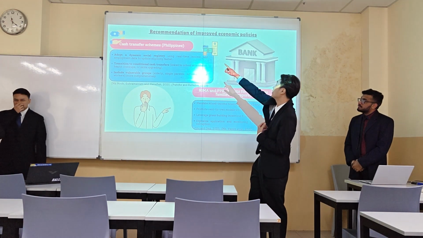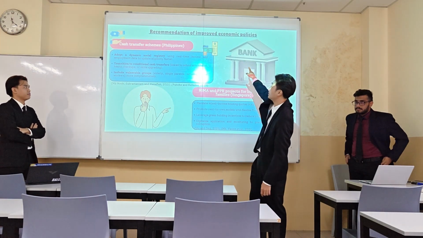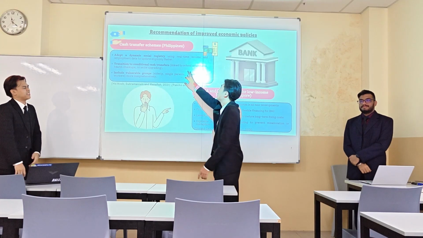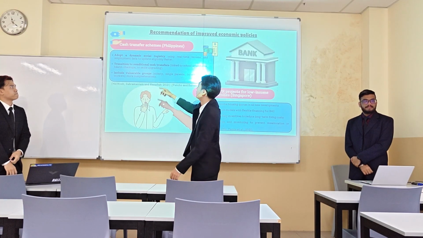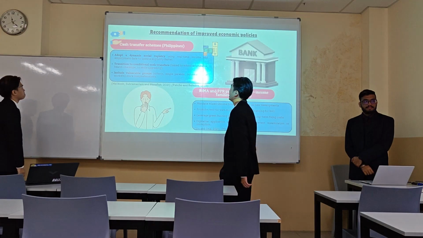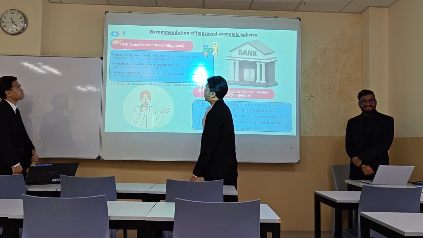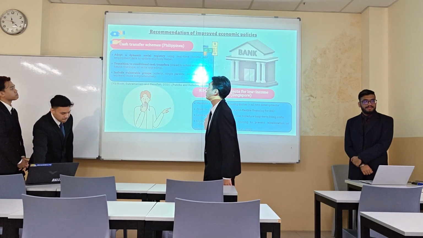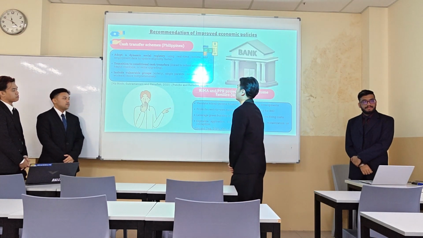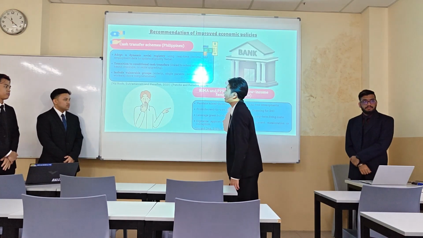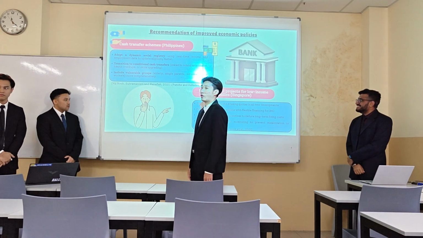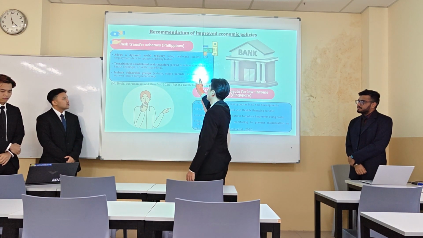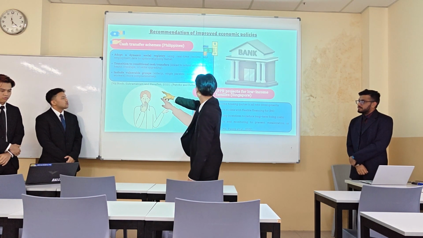My part is recommendations for improving economic policy. For the cash transfer scheme, for example, the Philippines adopts a dynamic social register using real-time income and employment data to update records faster. Transition to conditional cash transfer linked to school attendance, health checkups, or skill upgrading, and include vulnerable groups such as the elderly, single parents and informal sector workers, to be more comprehensive.